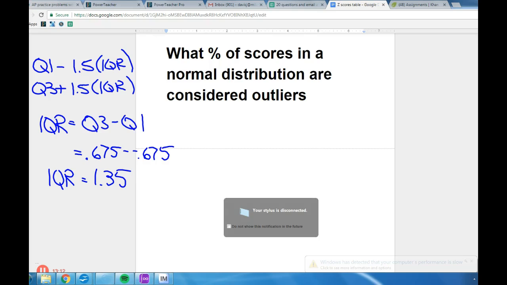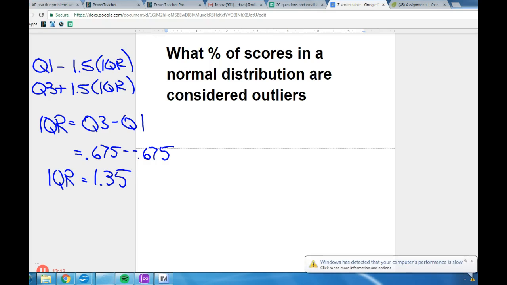Question on how I'm getting that? So you only have to find one side.